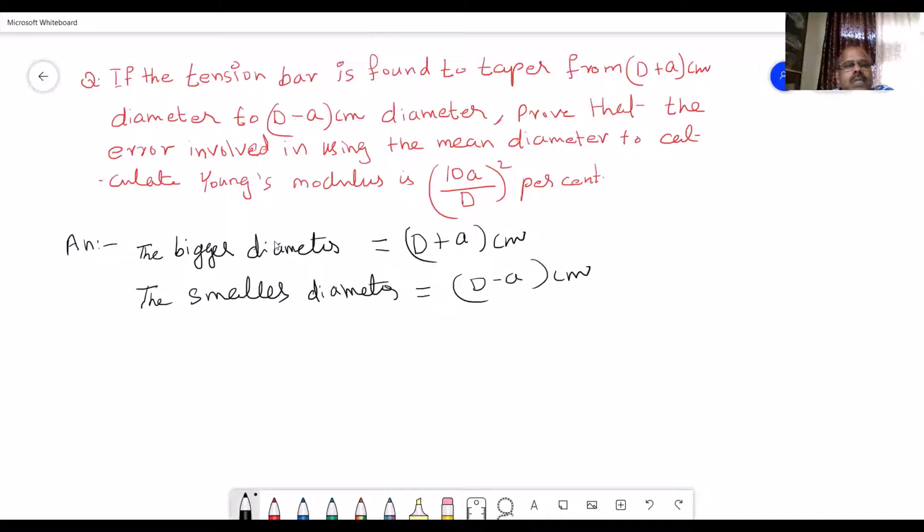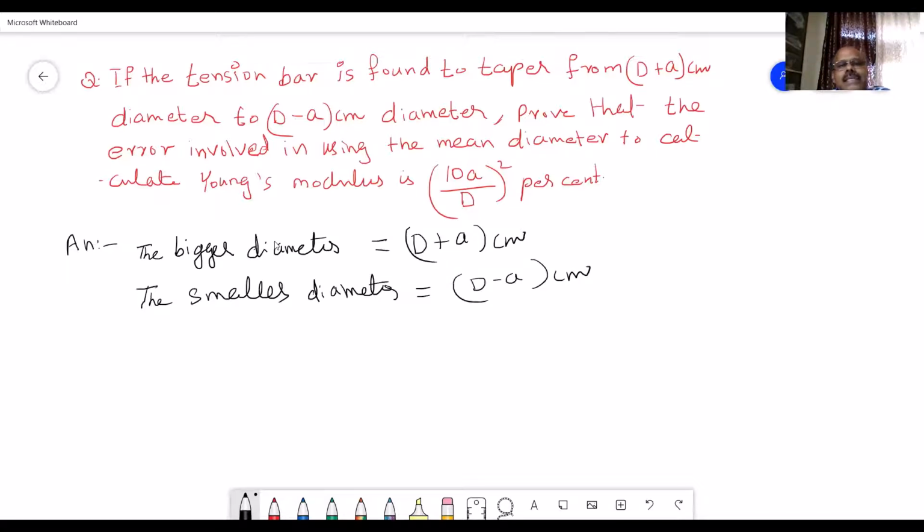And as per this information, we can find that it is a taper rod. So the Young's modulus is supposed to be found out by using the bigger diameter as well as smaller diameter of the taper rod.